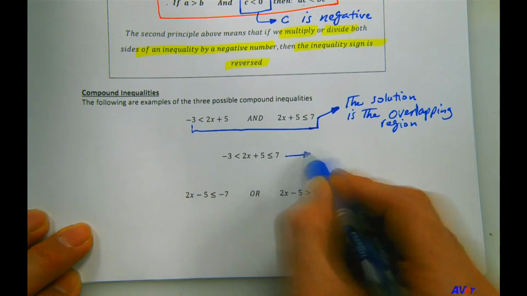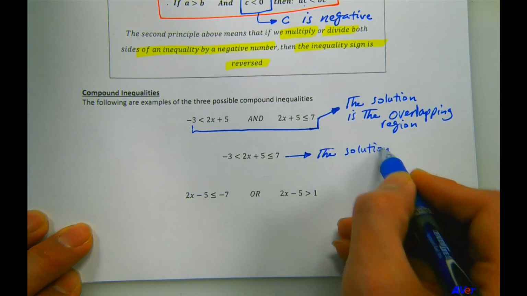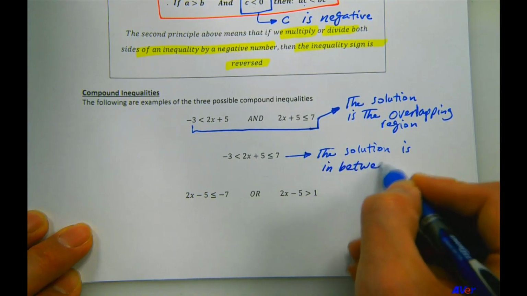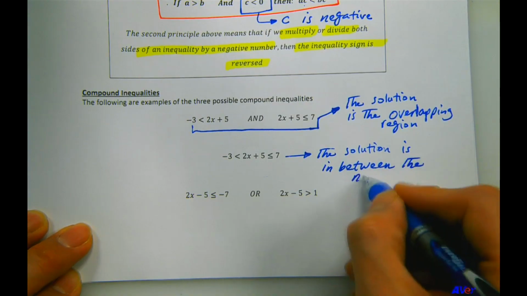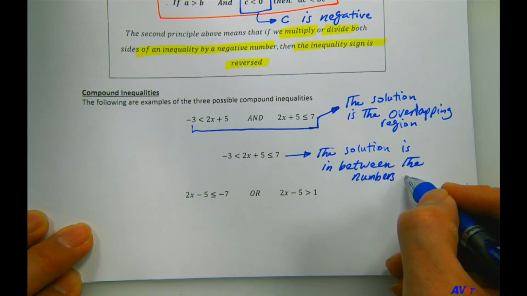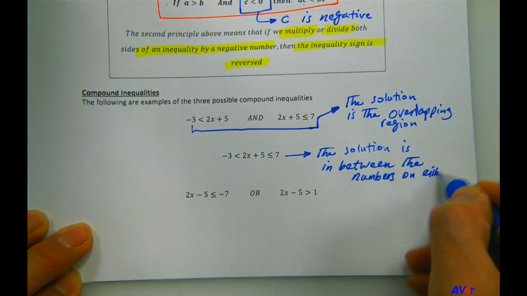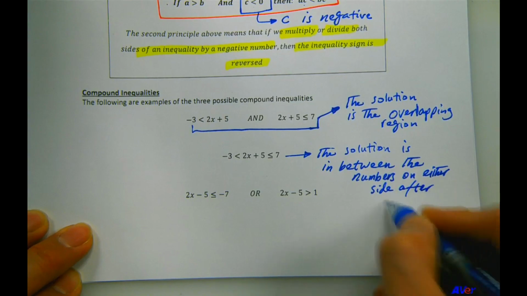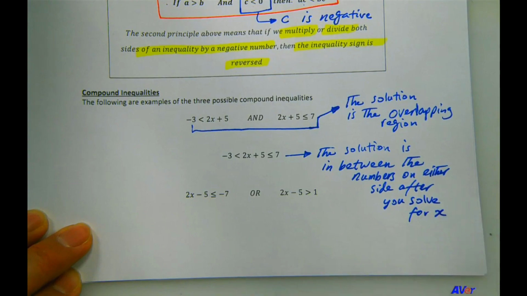So here, the solution is in between the numbers or values on either side, after you solve for x.